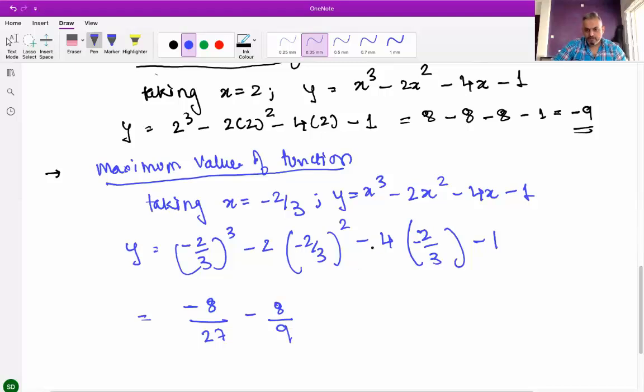Now minus of minus 4 twos are 8, so plus 8 by 3 minus 1.